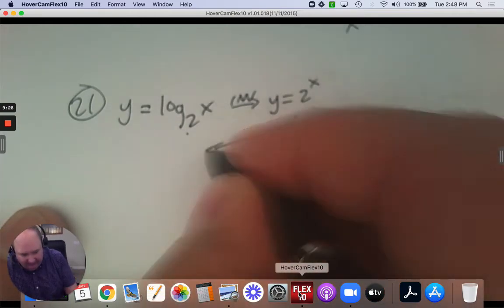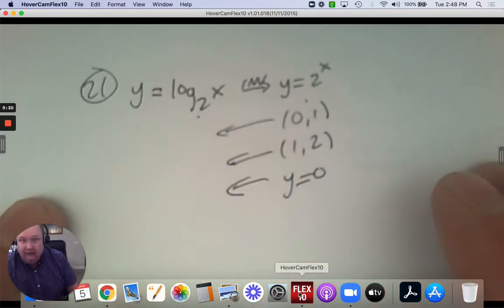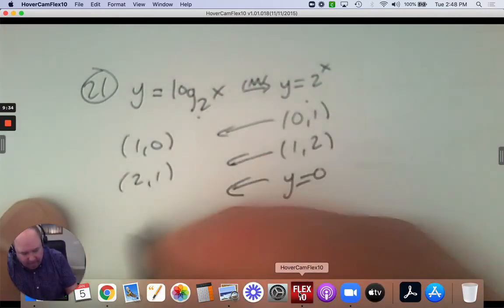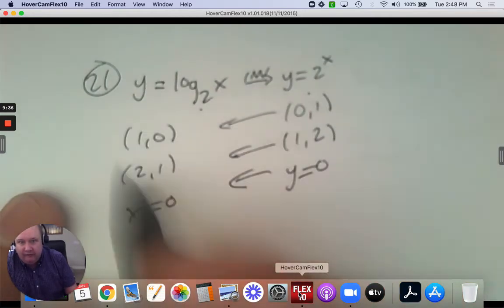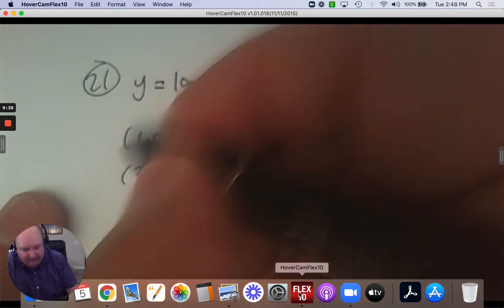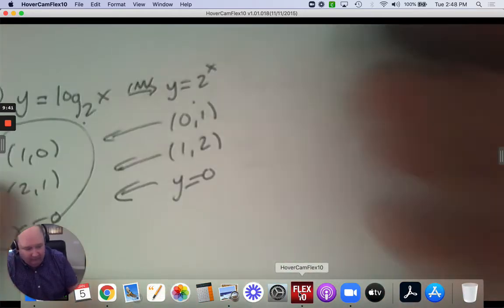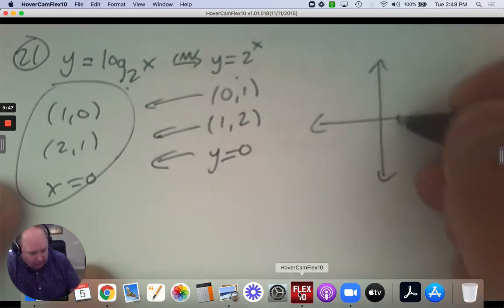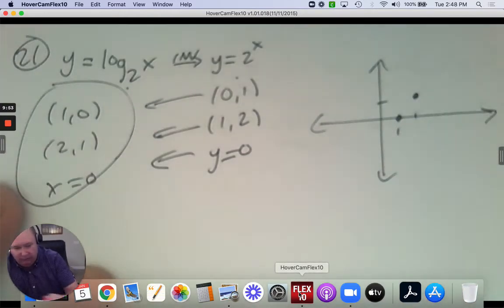I then inverse those back so that on the logarithm, these are the values you get when you inverse it back. This is what we're going to graph. So I'm going to start with (1, 0), (2, 1), and then we have an asymptote at x equals 0.